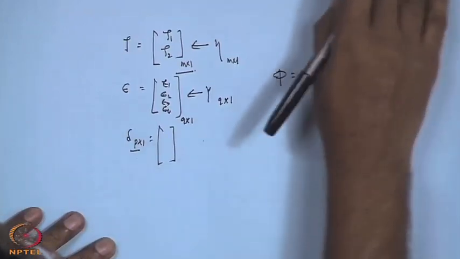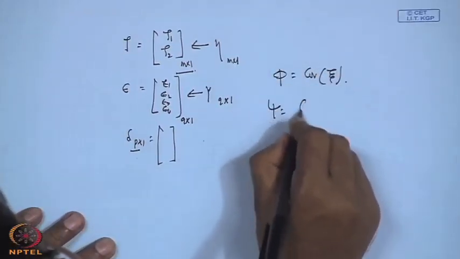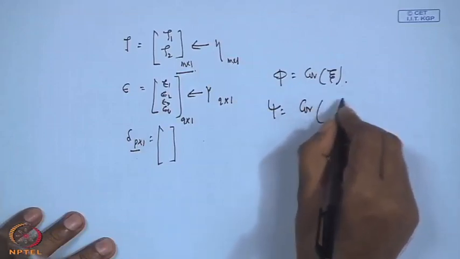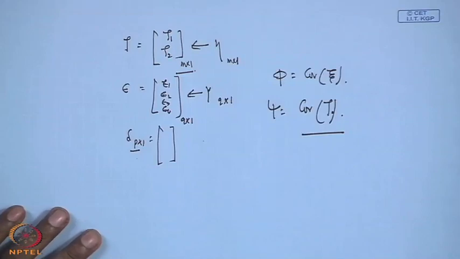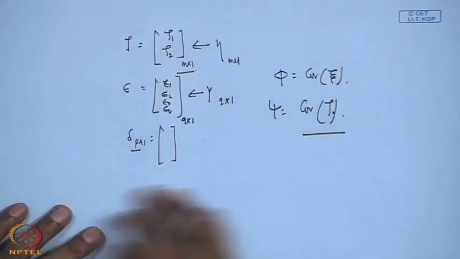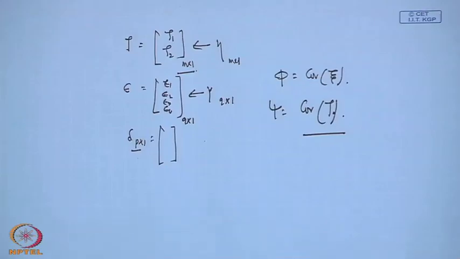You will also be getting psi, which is the covariance of your zeta. Okay, so there is a very large number of parameters to be estimated. Okay, fine.